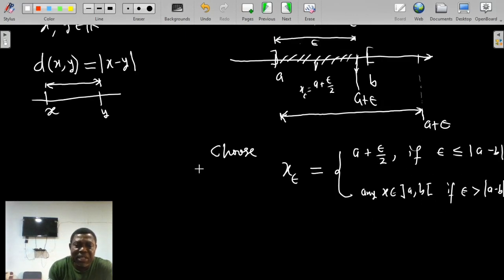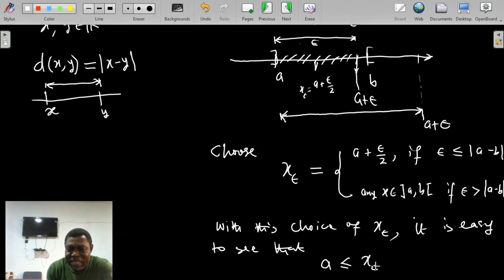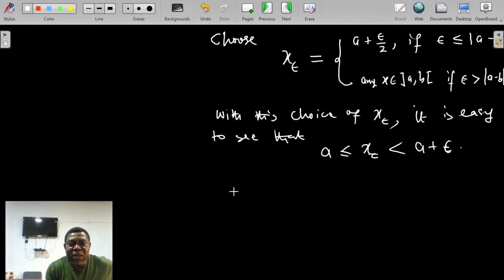With this choice of x epsilon, it is easy to see that A is less than or equal to x epsilon, and this is really less than A plus epsilon. So with this, we can conclude, therefore, that A is equal to the infimum of the set (A, B).